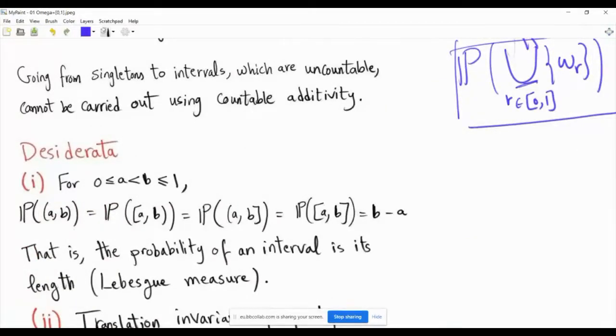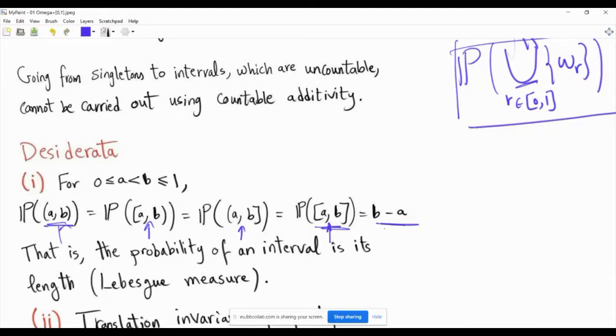We will take any interval AB. Okay, so it can be closed, it can be open, it can be closed from one end, and open from the other. To all those intervals, we will assign a probability that is equal to the length of the interval, B minus A. And this makes sense if you want to make a uniform measure on the closed interval 0 to 1.